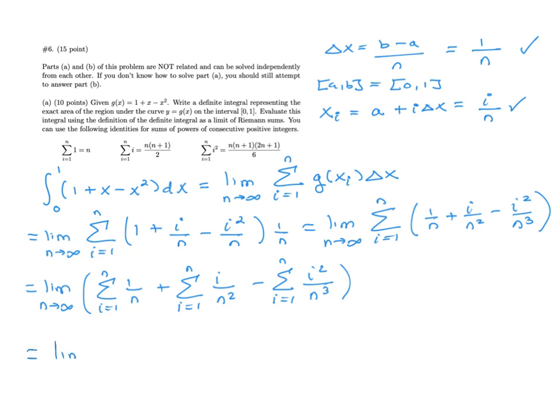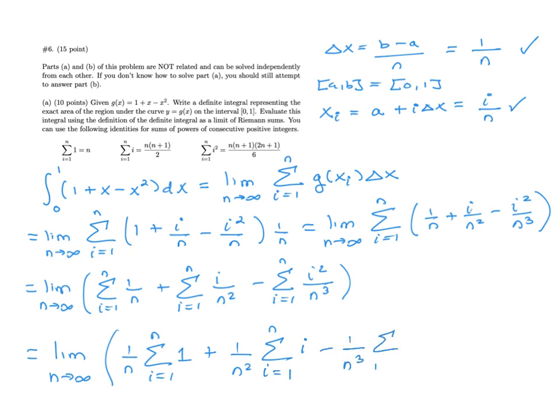This is the limit as n approaches infinity of 1 over n times the sum of i going from 1 to n of 1, plus 1 over n squared times the sum from 1 to n of i, minus 1 over n cubed times the sum from 1 to n of i squared.